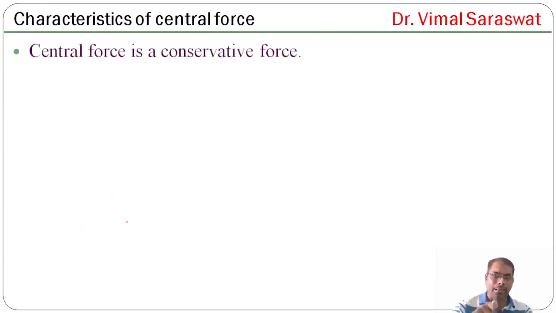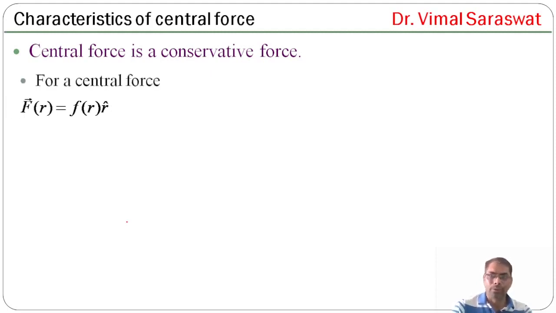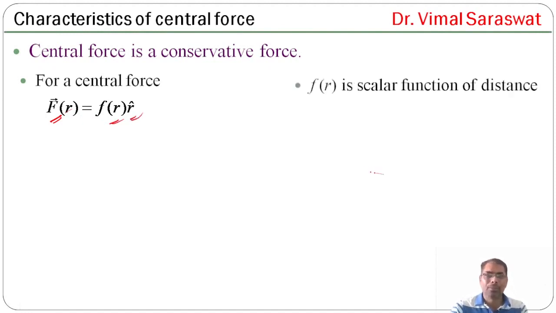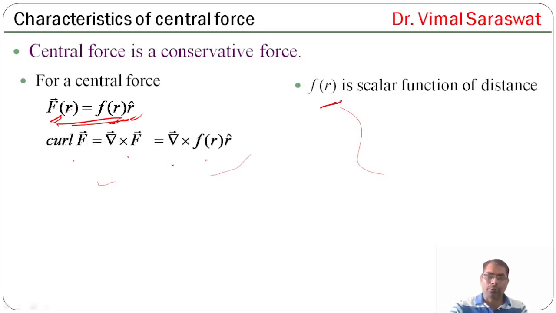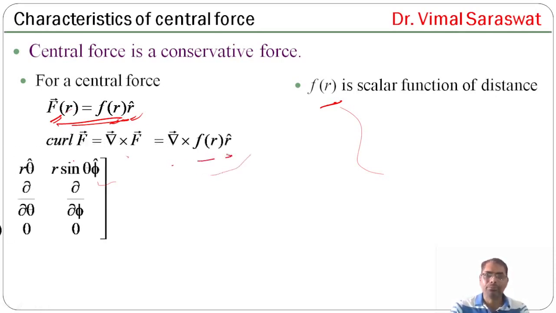Now, central force is a conservative force. For a central force, F equals F of r into r cap. F of r is a scalar function of distance. Now, if we take the curl of this equation, curl F equals del cross F equals del cross of F of r into r cap.